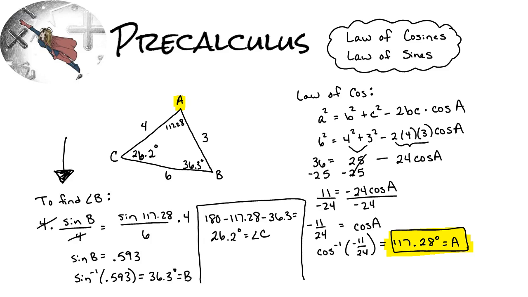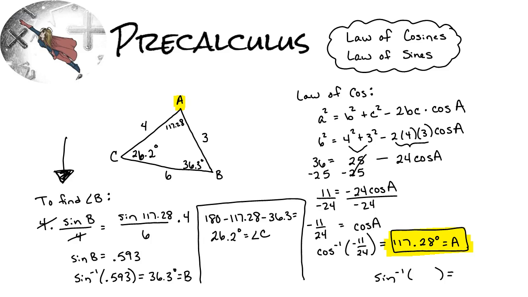Well, the problem is, when we would get down to a step that would say, like, sine inverse of whatever, I'll do it on the next page so that you can see all the steps. But when you do the sine inverse of anything in these problems, it's not going to tell you an obtuse angle.